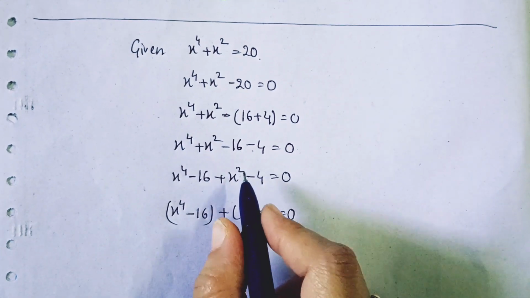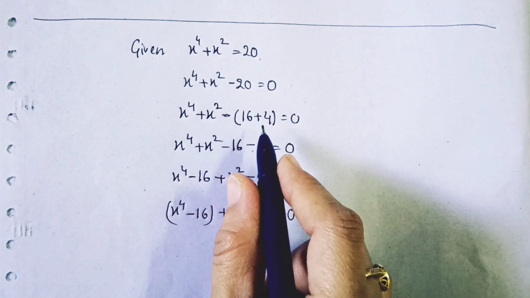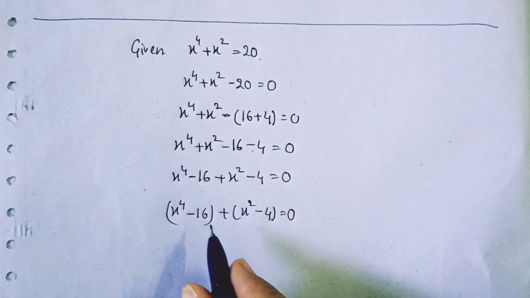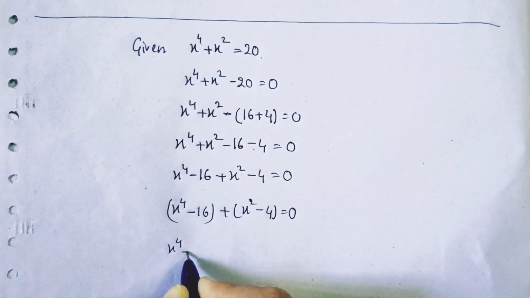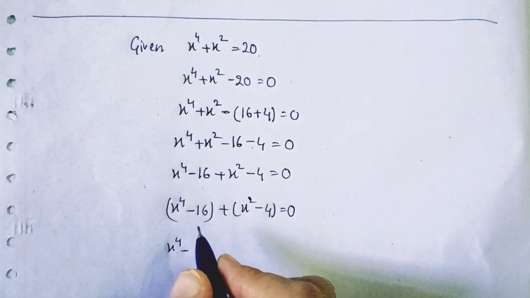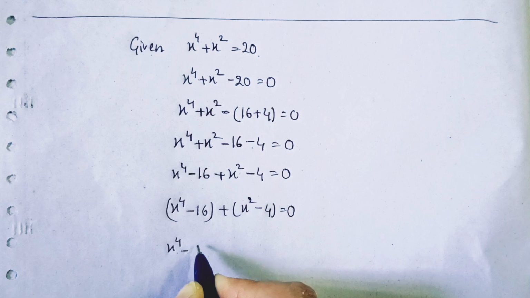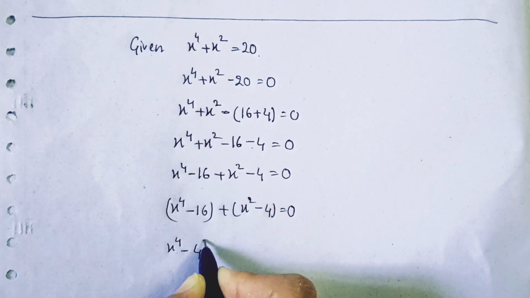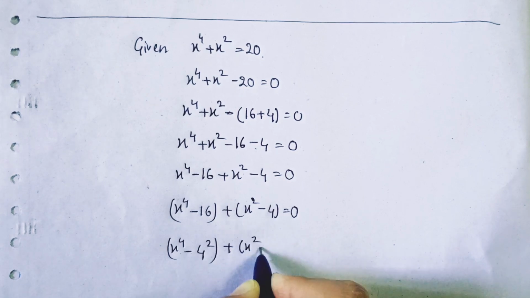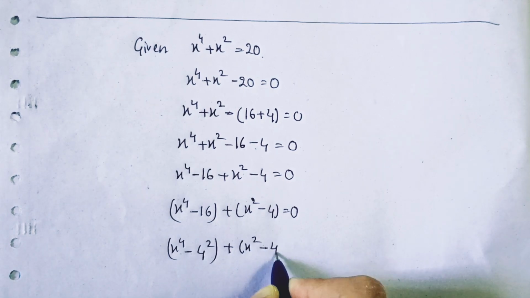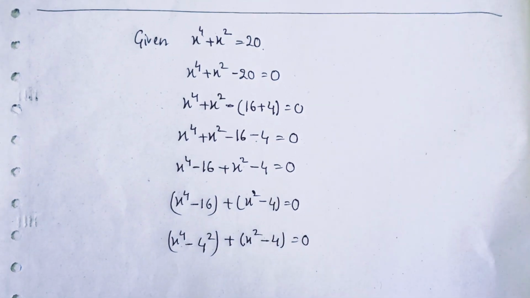Why have I written 20 as 16 plus 4? This is what I want to get here. This 16 can be written as 4 square, so then we have plus x square minus 4 equal to 0.